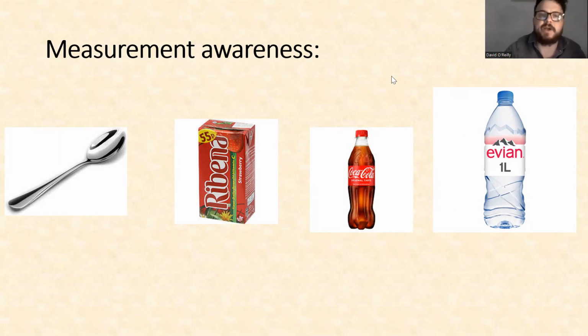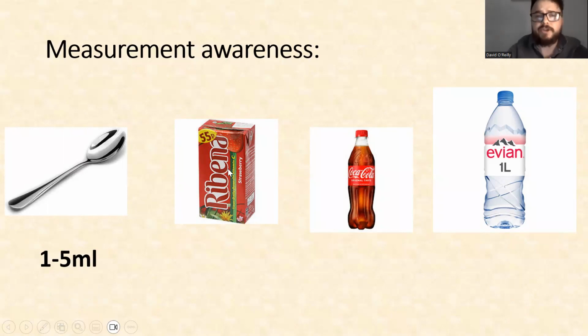Okay, so let's talk about how much capacity each of these objects has, and that's going to help raise our awareness. Okay, so starting with this spoon, this teaspoon can hold about 5 milliliters of liquid water. Okay, now with that in mind, how much liquid do you think this carton can hold?